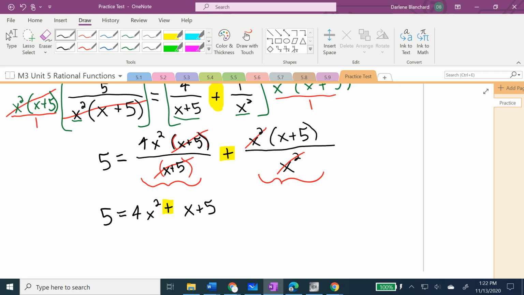And now it's polynomial. When you reach the point where you have the polynomial, and it no longer has denominators, then your goal is set one side equal to 0, factor, and solve for each factor equaling 0. So I'm going to subtract 5 from both sides and go, yay! Plus 5 minus 5, bye-bye.